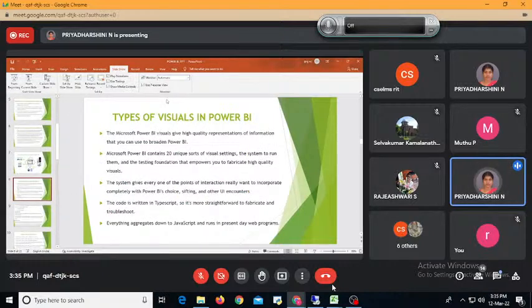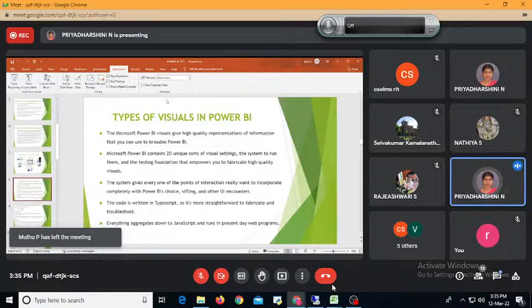So, types of visuals in Power BI. There is high quality visual representation that you can build using Power BI. It contains nearly 20 unique sorts of visual settings that you can run, test, and fabricate into high quality visuals. Technically speaking, business people always want the net result.